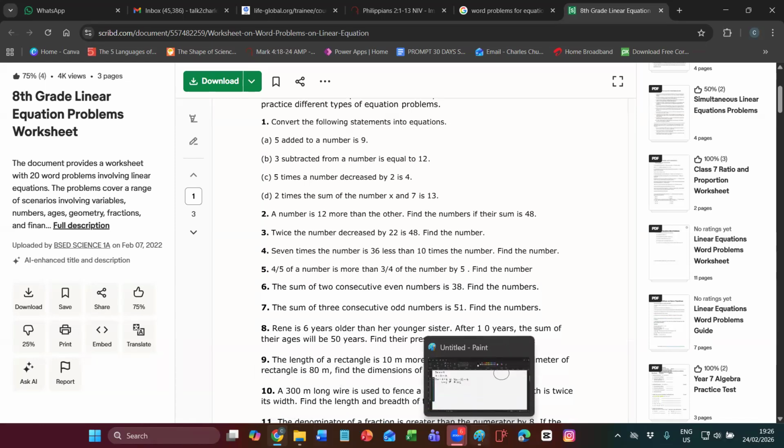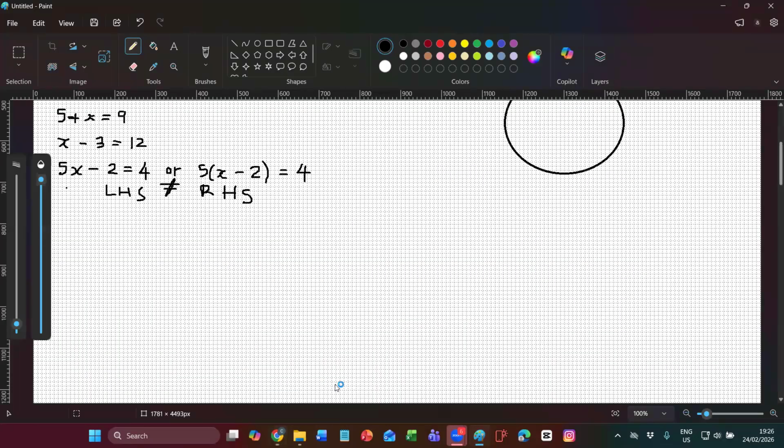Something. So 2 times the sum of the number x and 7. If we look at it like this, it gives you 2 into brackets, because the sum of x and 7 is represented by x plus 7, right?